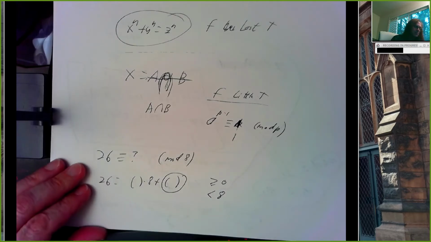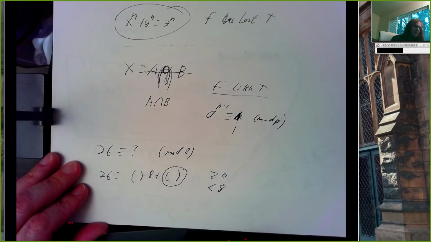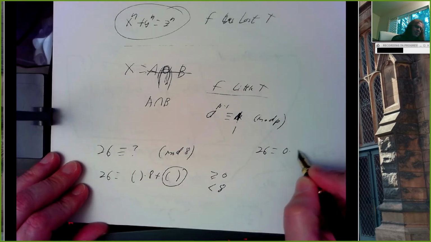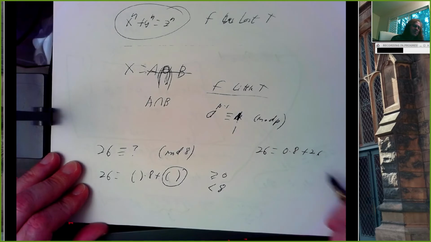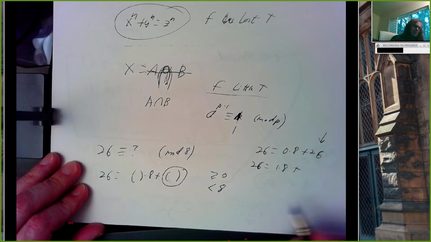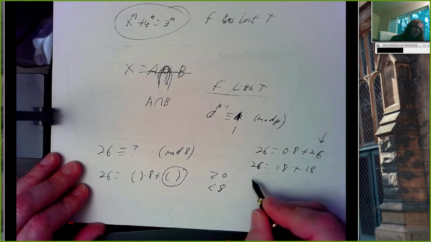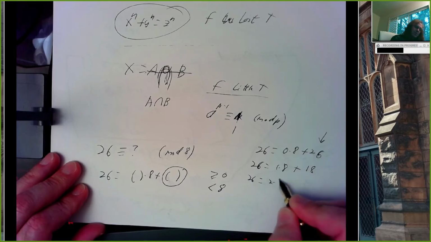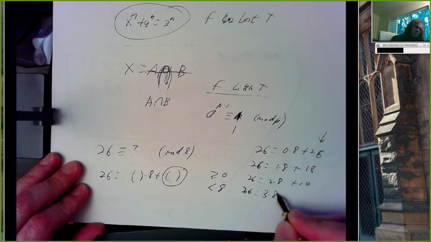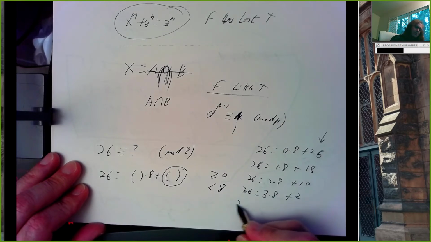So how can we write 26 in terms of something times 8 plus something left over? Well, 26 can be written as 0 times 8 plus 26 left over, but that's too big of a remainder. It could be 1 times 8 plus 18 left over. It could be 2 times 8 plus 10. It could be 3 times 8 plus 2.